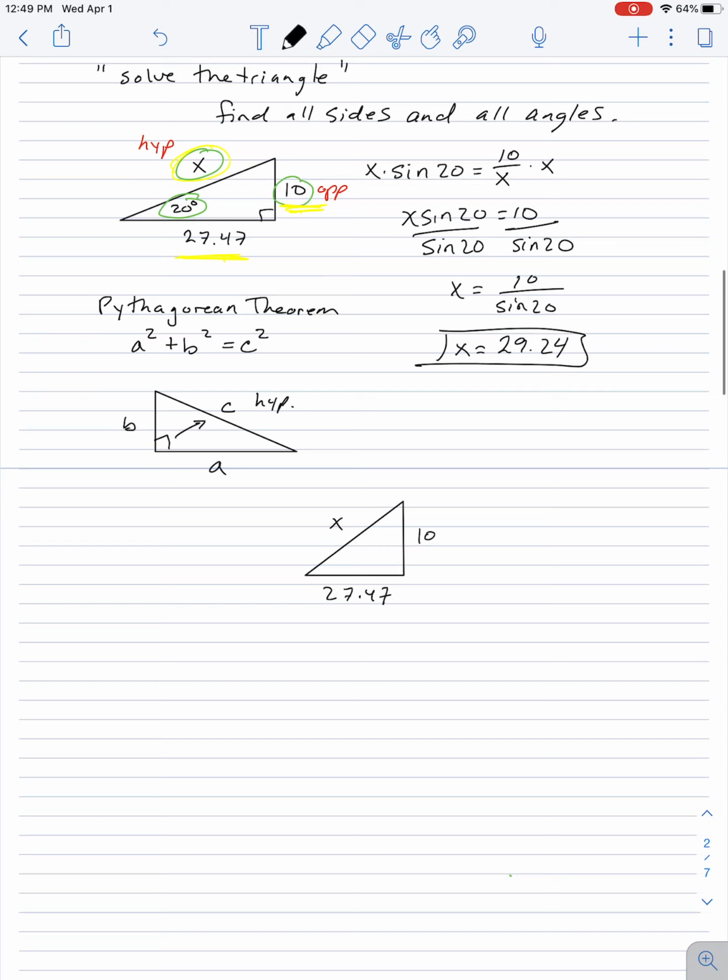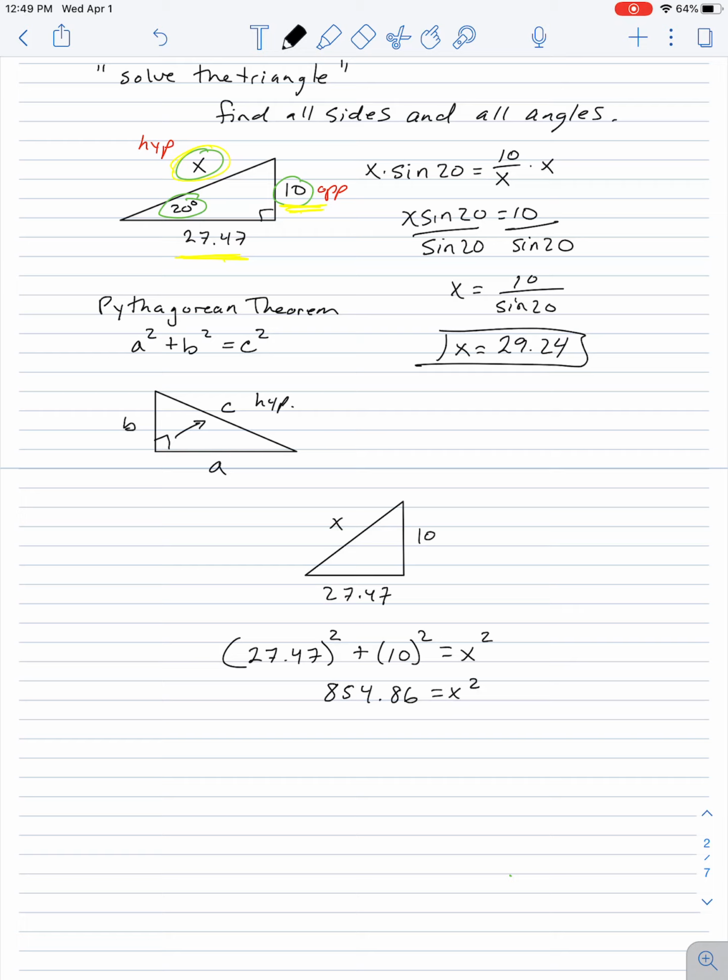So this says that if I take 27.47 squared, and I should use that stored value, not the rounded number, plus 10 squared, that's going to give me my other side squared. So I go on my calculator and I type that in, and I get 854.86.